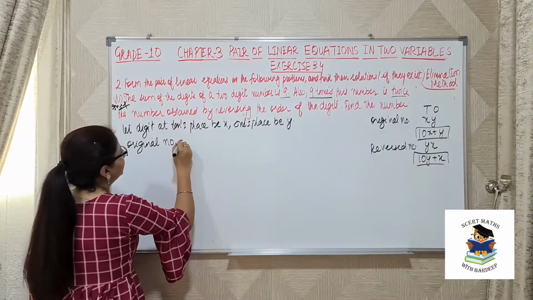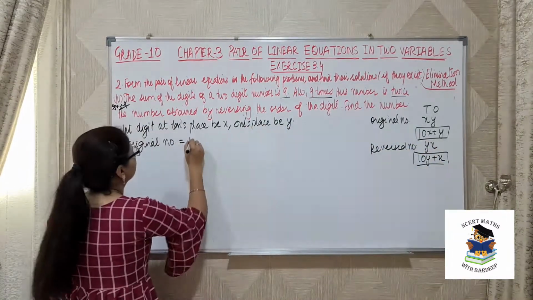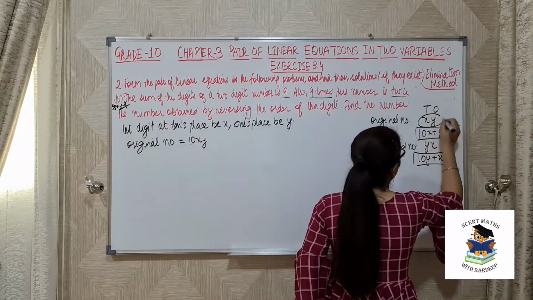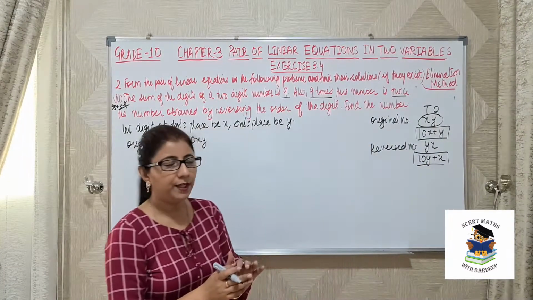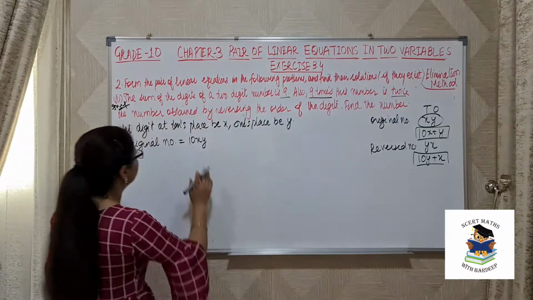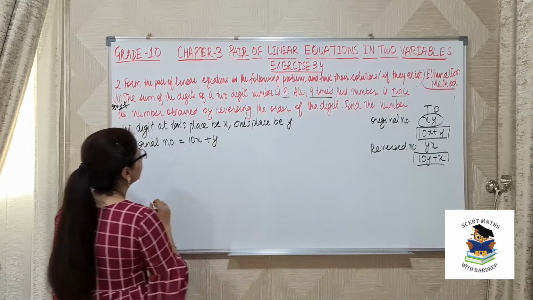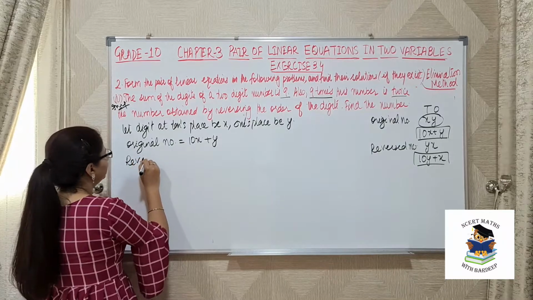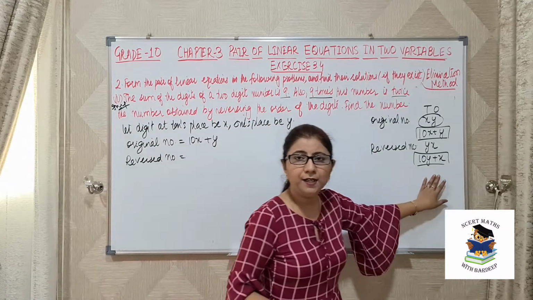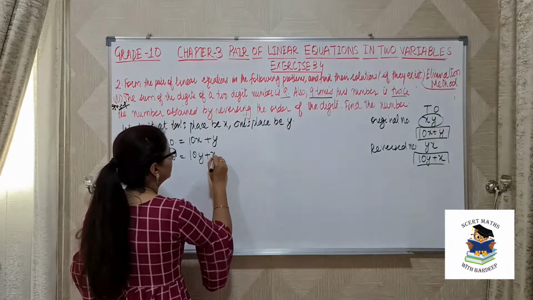Therefore, the original number is equal to 10x plus y. Because sometimes students will write this as xy. This is wrong. Okay. So we should always write the number in this way, in expanded form. And what is the reversed number? So this is 10y plus x.